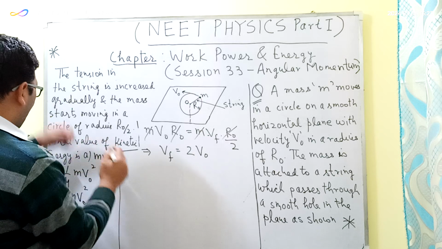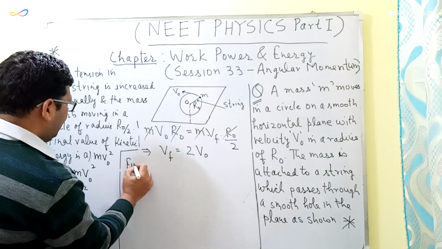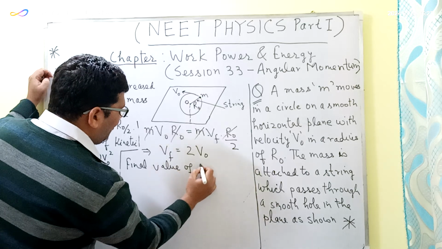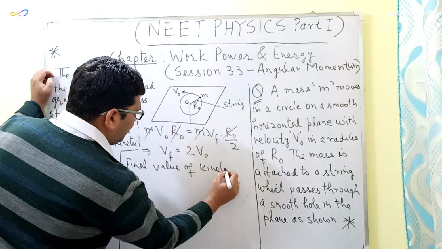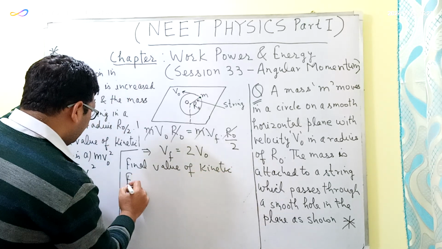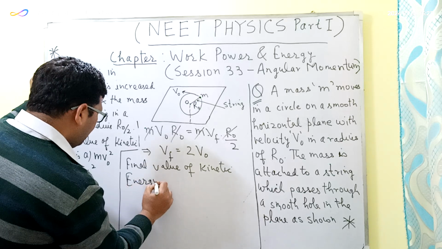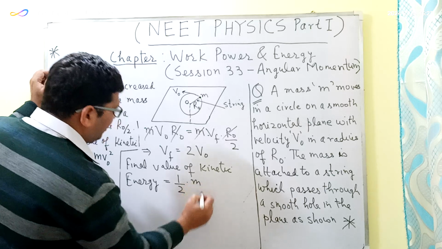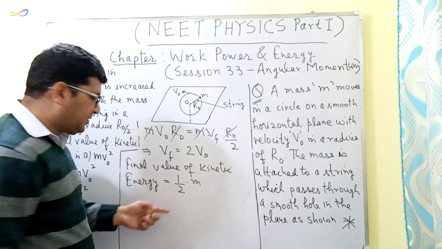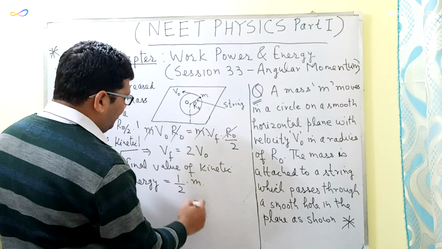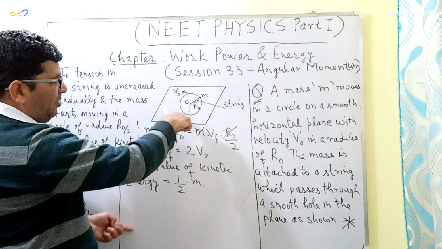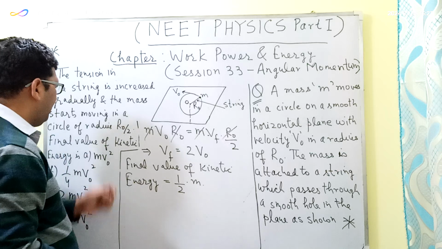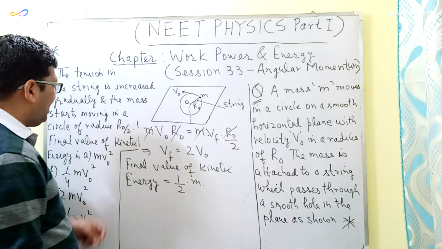So the final value of kinetic energy will be equal to half into m, because the kinetic energy is equal to half m v square. So half into m, and now v is what? The velocity of this object when it is rotating in a circular path of radius r naught by 2.